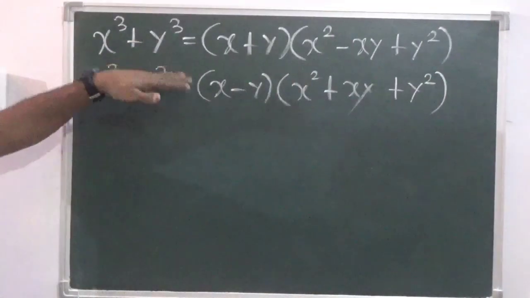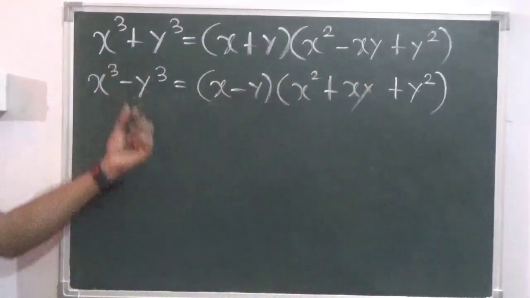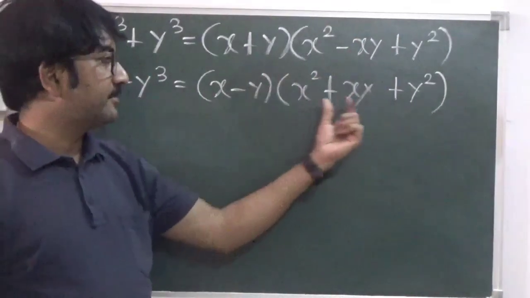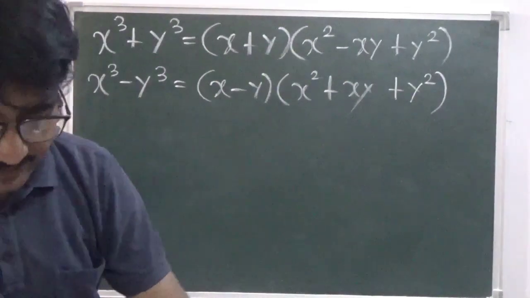So x cube plus y cube is x plus y into x square minus xy plus y square, and x cube minus y cube is x minus y into x square plus xy plus y square. So now let us take a few questions on this particular concept.